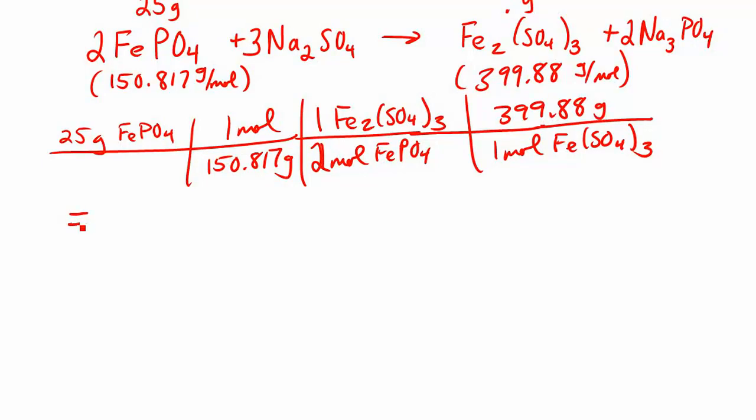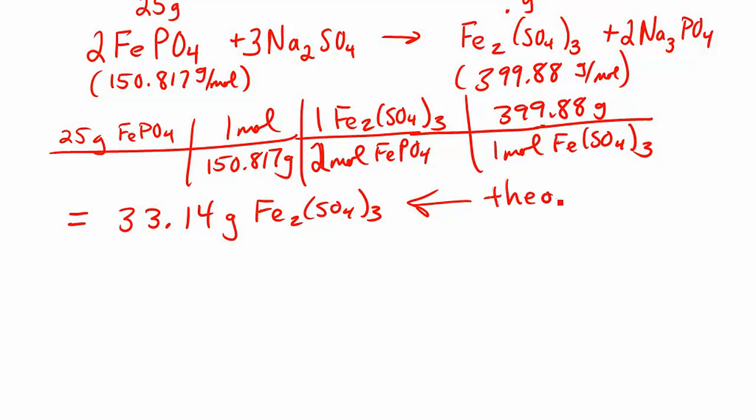That gives us divided by 2 times 399.8. Okay, so I'm getting 33.14 grams of the iron sulfate. And that is the most we could make based on using 25 grams of the iron phosphate. So that is our theoretical yield.